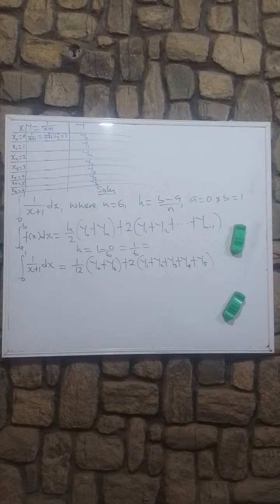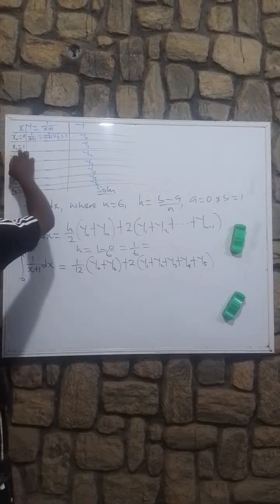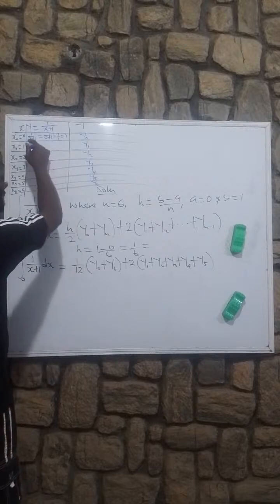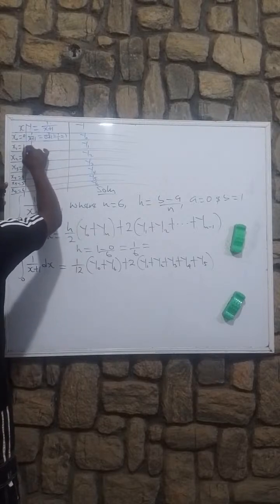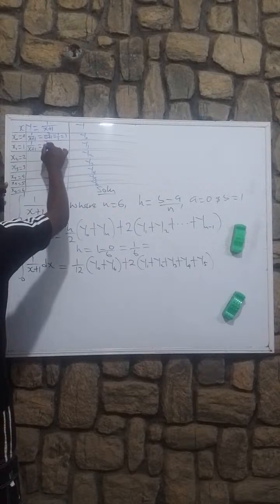Can you see? Yeah, that is true. Okay, so let us proceed further. As x1 equals 1, it means 1 all over x plus 1 is equal to 1 all over 1 plus 1.